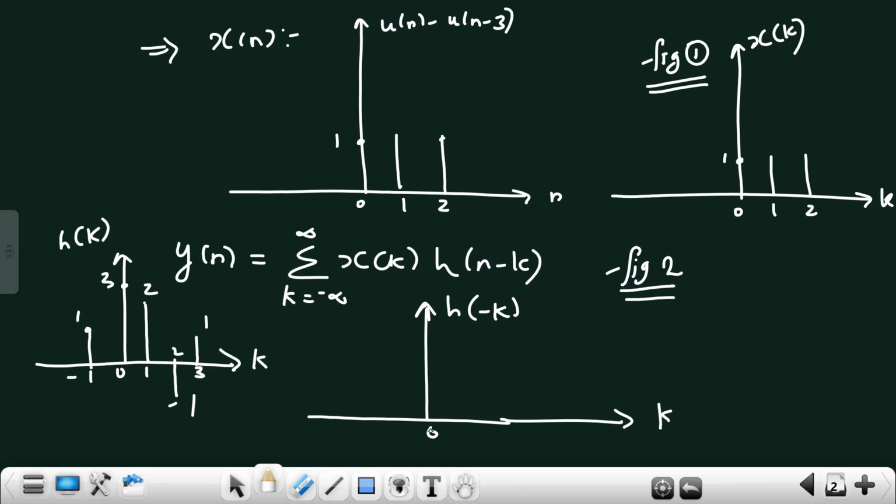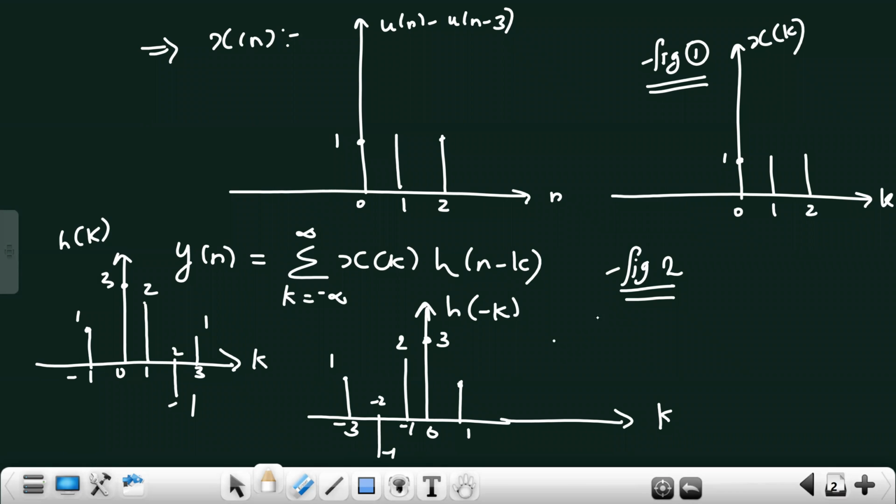So at 0, the signal will remain as such, that is 3. At -1, it will be 2. At -2, it will be -1. At -3, it will be 1. And at +1, you are having 1. So this is your h of minus k.